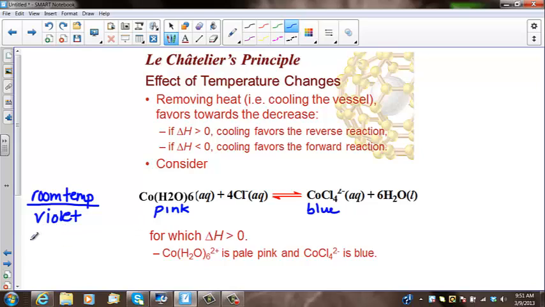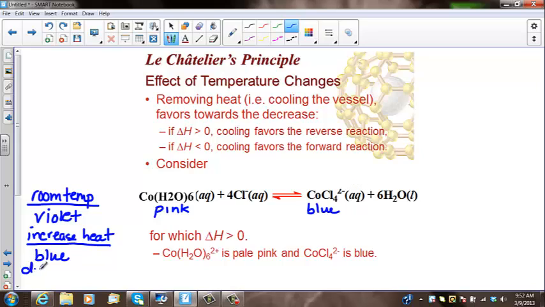If I increase the heat, what I'm going to see is that my solution in my test tube is going to turn blue, which tells us that the shift would be to the right, favoring the forward reaction.